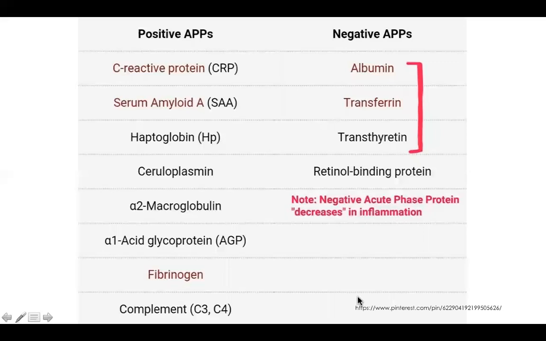And so you have positive acute phase proteins like C-reactive protein and fibrinogen, and you have negative ones. Positive ones are the ones whose presence increases during inflammation, and negative ones are the ones whose presence decreases during inflammation. So all of the positive acute phase proteins will be elevated. Fibrinogen will be elevated, and fibrin will also be elevated.